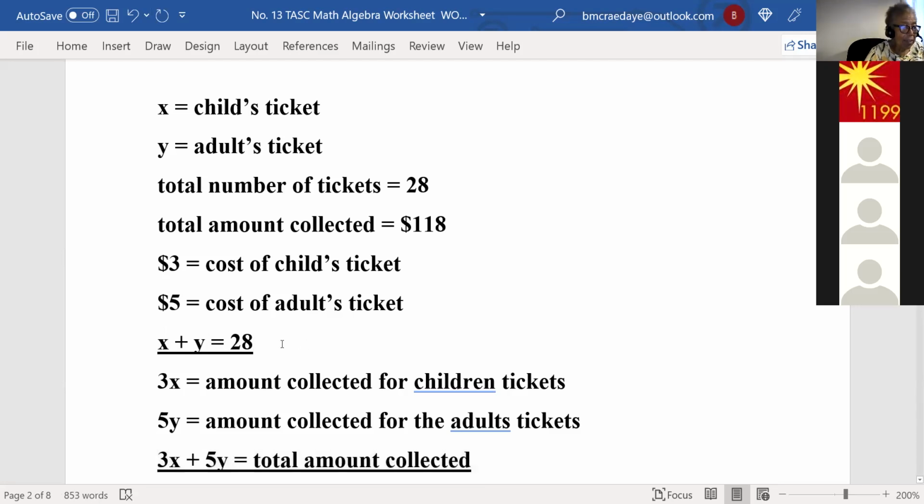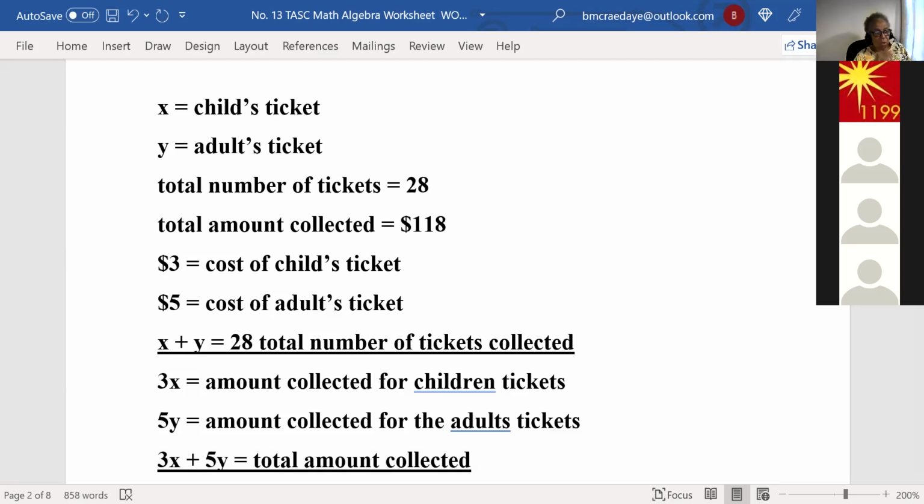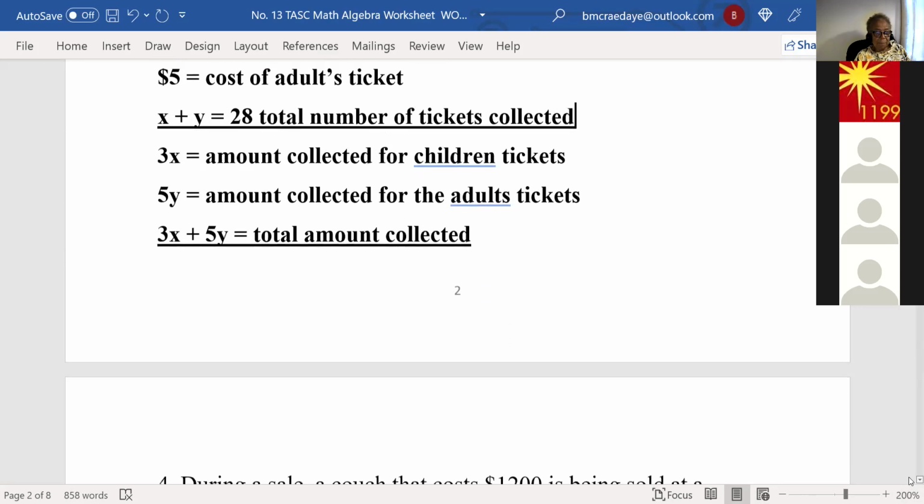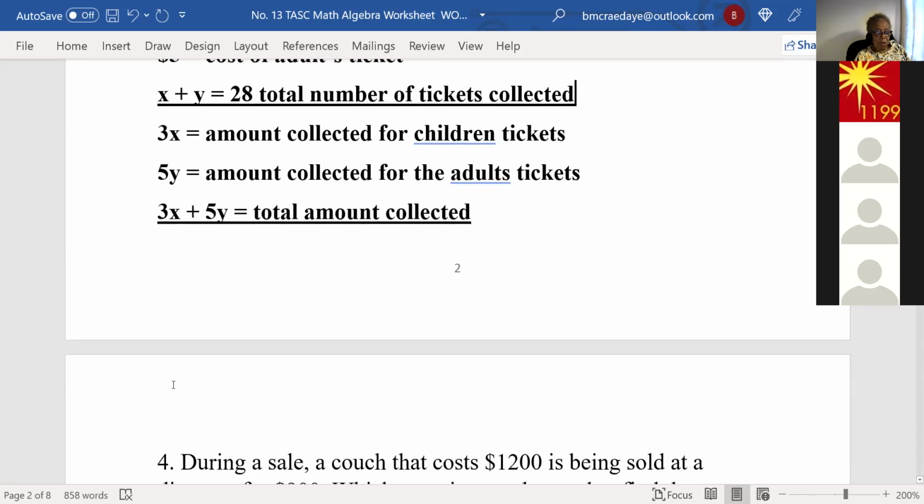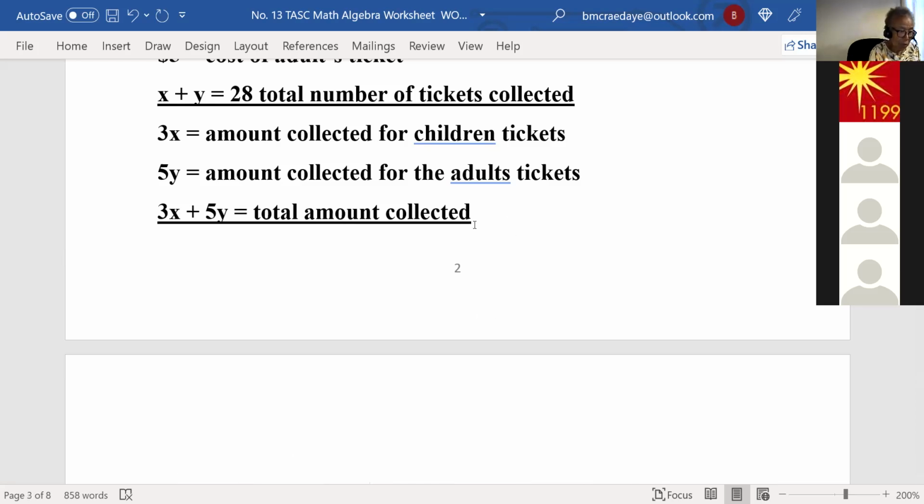X plus Y is 28, which is the total number of tickets collected, and that equates to the total amount, which is $118. So your answer would be D.